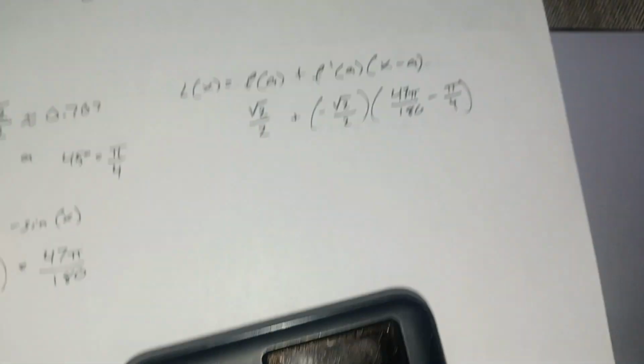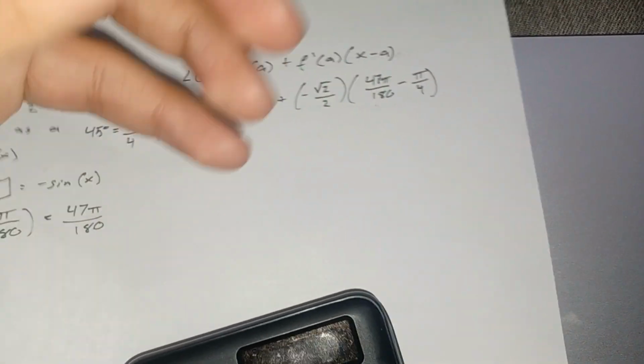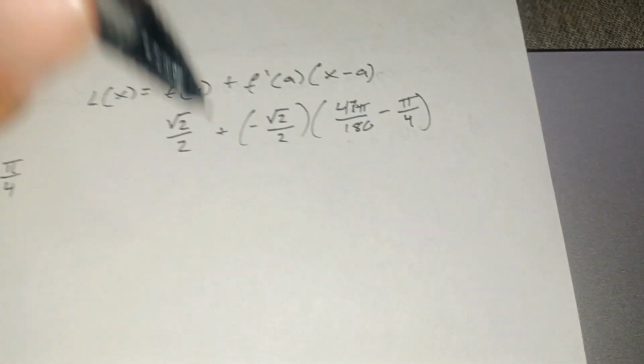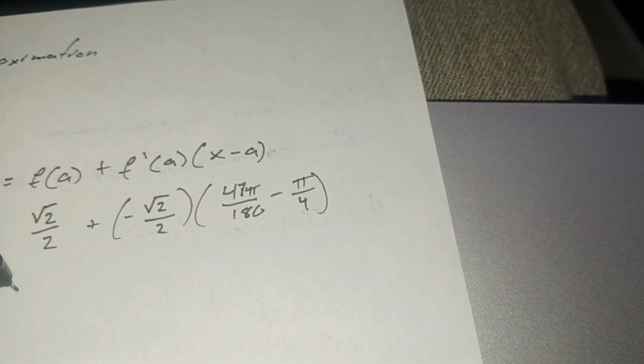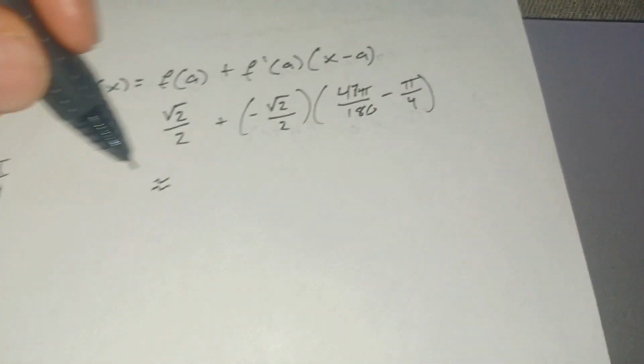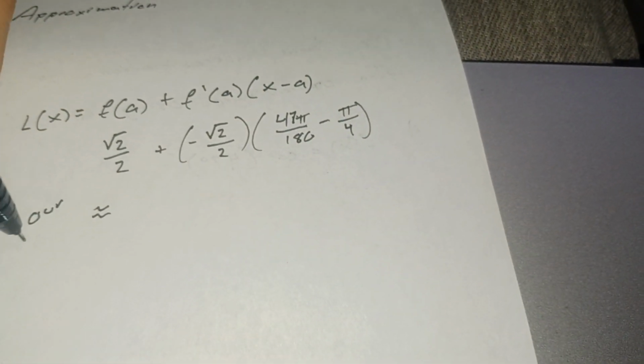So our approximation, if you couldn't see, all I did was just plug this into the calculator. That's literally it. You can do the same. This will be our approximation.